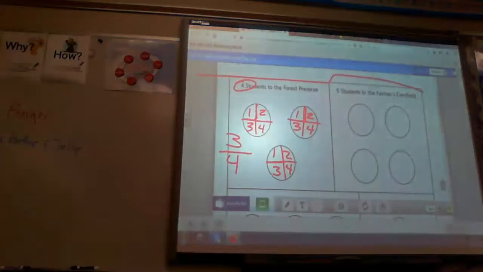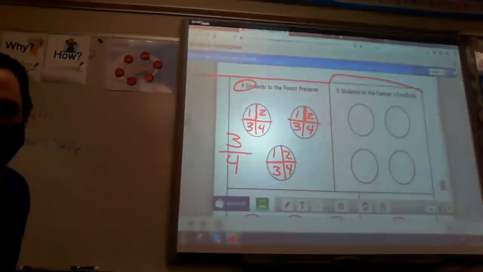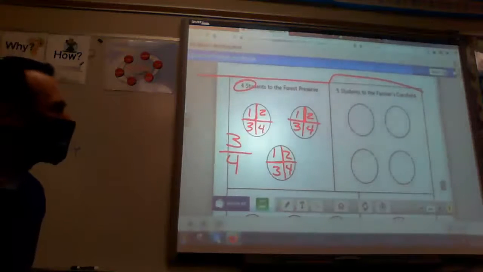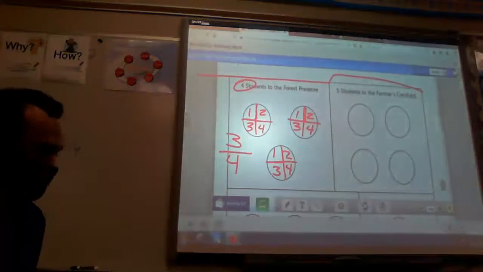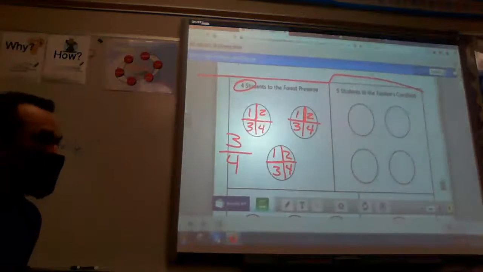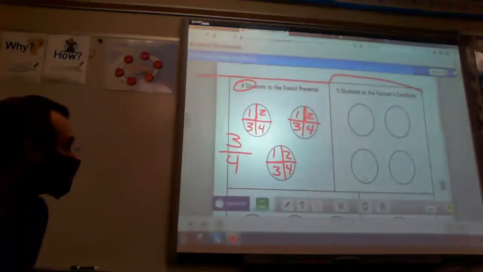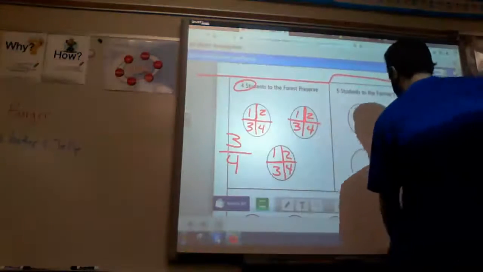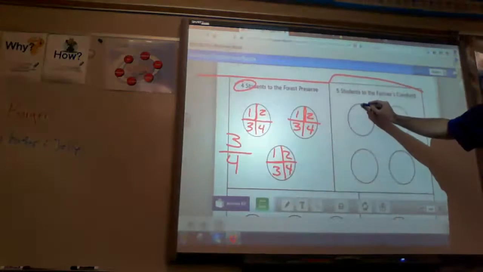So for farmer's cornfield, what did you need to do for farmer's cornfield? Adam, what would you do for farmer's cornfield? I split them up, all of them up into fifths. Okay, and we know that fifths kind of look like stars.